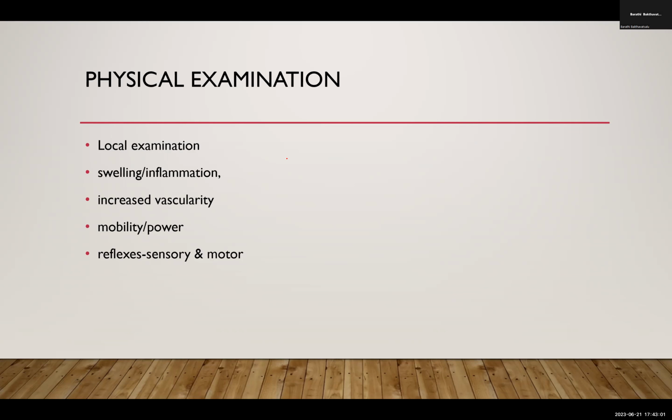Look for increased vascularity due to inflammation, or compromised power of the limbs. This is particularly important if you are examining a patient with spinal cord compression. Also look for deep reflexes, both sensory and motor. So it's very important that we examine the patient.